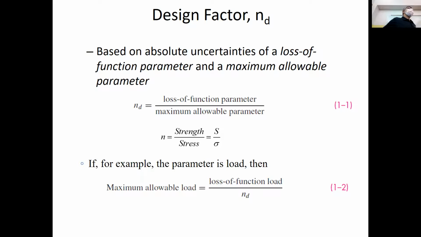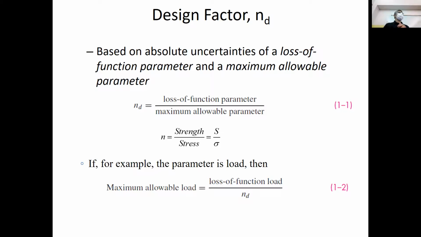So it really depends on what function you're trying to measure. So you say, like, I'm going to break this into two pieces if my load reaches a certain level, or if my temperature reaches that much. So you can be looking at multiple parameters.